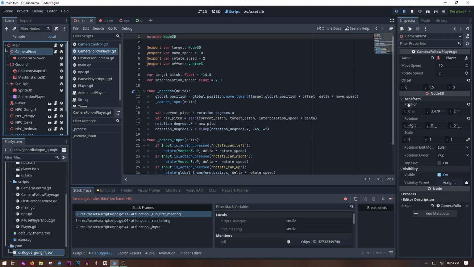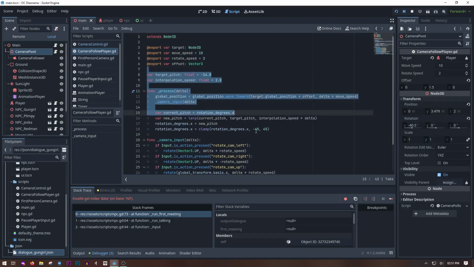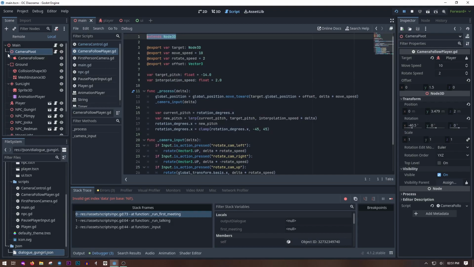So like in the inspector, it has transform, it has position, it has visibility. I will not need to explain what visibility means to this script because it's already extending that. I think that's how it works.